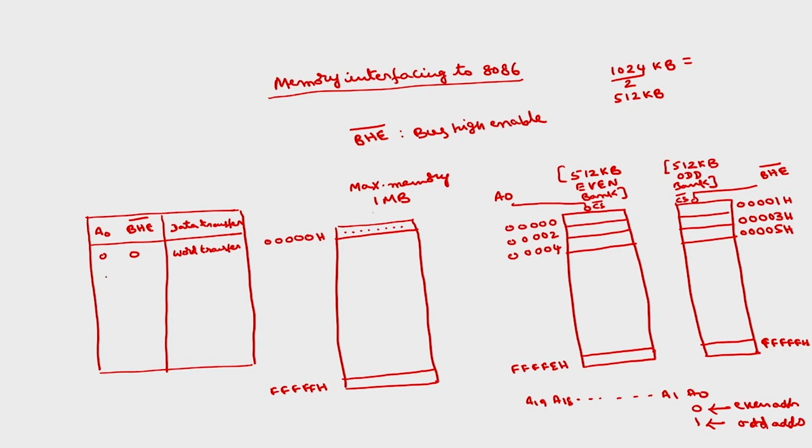If this is 0 1, A0 is 0 means this is the even bank, and BHE bar is 1 means bus high enable is not enabled, which is disabled. So, this will be only 1 byte from the even bank.